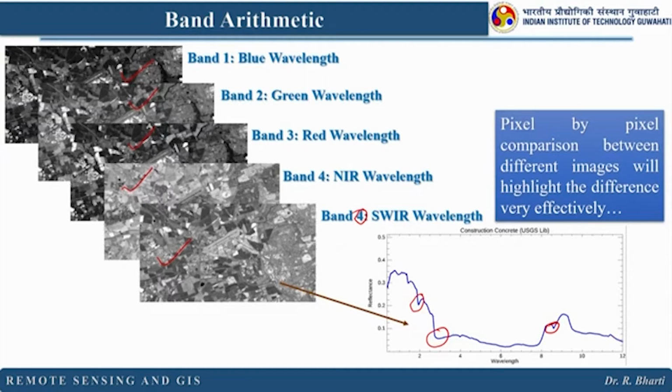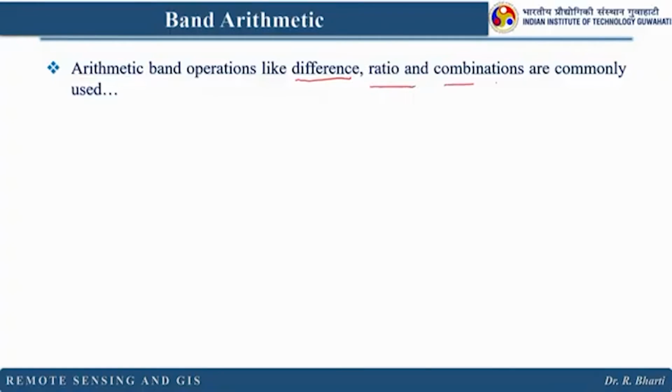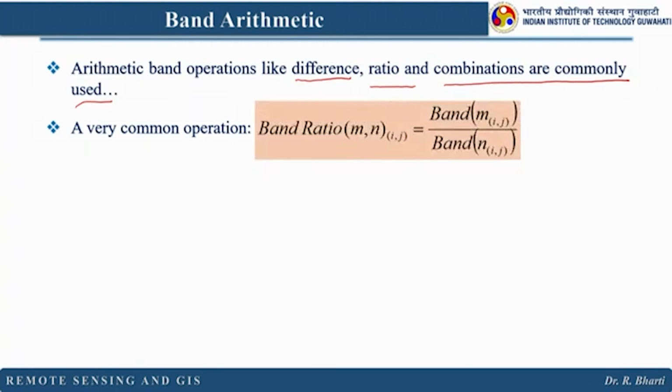If your band has that information, you can always go for band arithmetic or band ratio to enhance our target. There are a few functions we are using. Here you can see the difference, ratio and combinations are commonly used to enhance our feature, and a very common operation is band M(i,j) divided by band N(i,j). The (i,j) highlights the location of the target, so the value comes here but the location is attached.